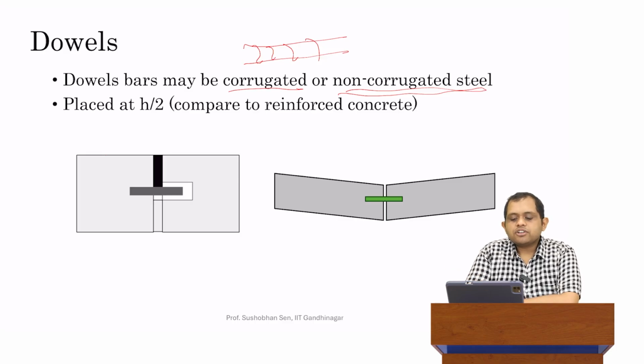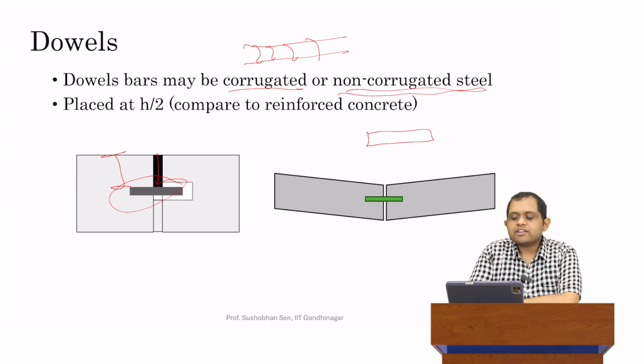The dowel bars are placed at a depth of H/2. After the pavement is cast, we cut it to H/2. In terms of construction, what we actually do is we first lay out a bed of these dowel bars on what we call a chair. So if this is a dowel bar, we actually put it on a very thin, somewhat flimsy metallic structure called a chair. Let me write that down.